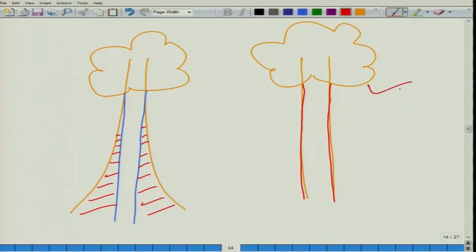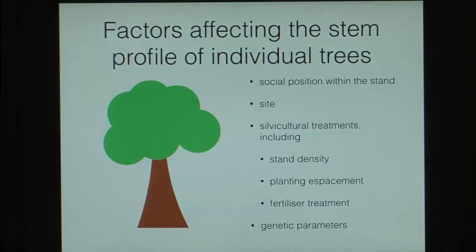So, this shape is preferred. Shape is also called form, so this is the preferred form. We would like to know how we can engineer our trees to have this form and not this form. This is why it is important to know the factors that affect the stem profile of individual trees.